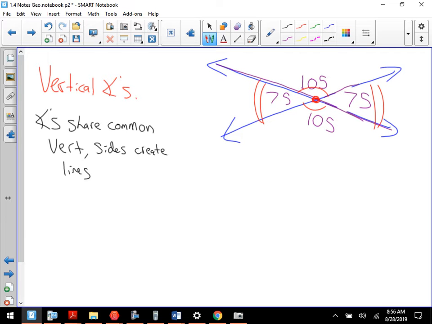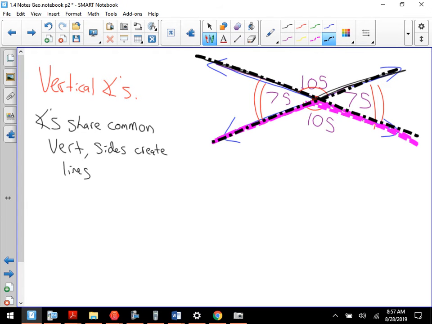So if you look at it, if I'm coming down this way to the vertex, going up to the vertex, and then I do the other one up to the vertex in the opposite way, I'm creating a line here and a line there. Vertical angles will always be congruent.